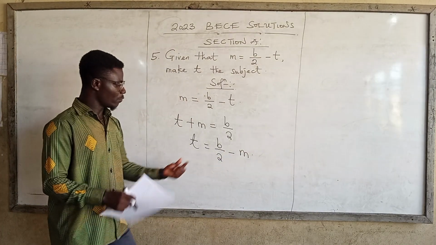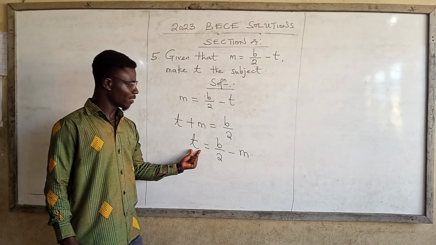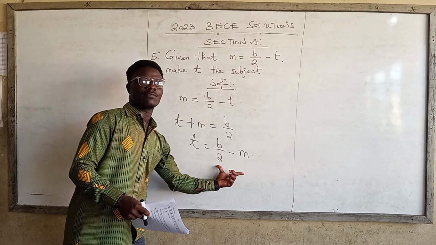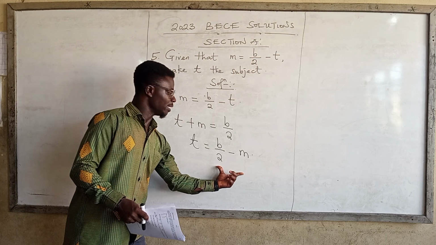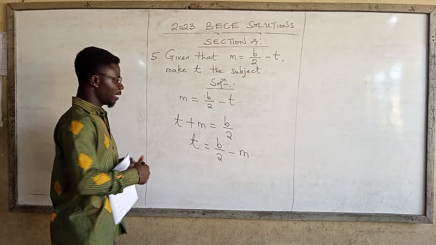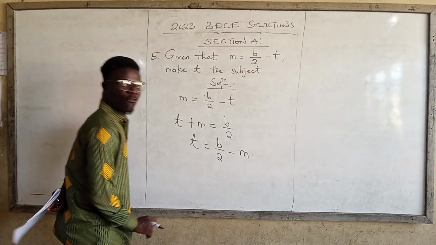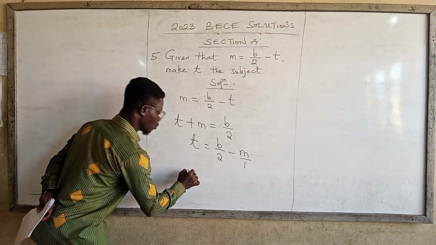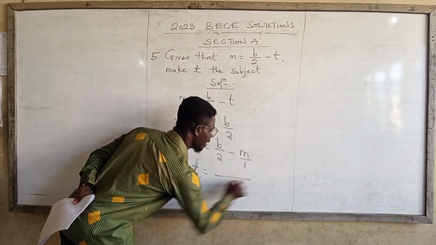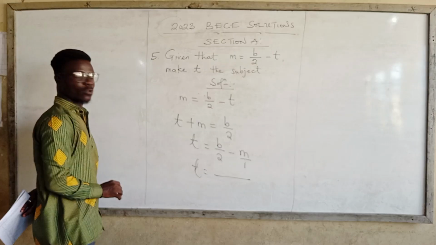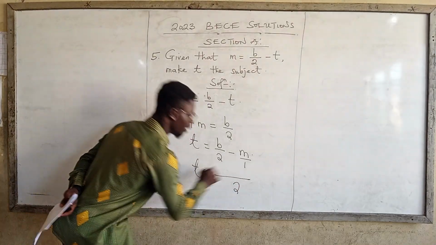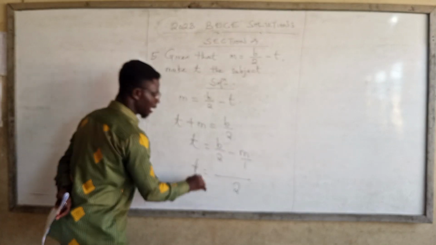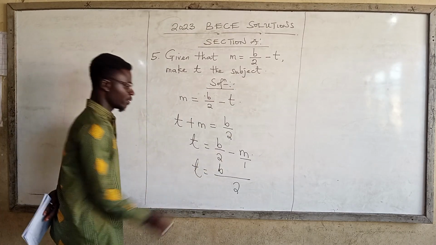Now we've made t the subject. But when you check through the answers given, you don't have this inside. So what can we do? You have to go further. This m is over 1, so we have to find the LCM because it's subtraction of fractions. The LCM is 2. 2 goes into 2, 1 time, 1 times the variable b, we obtain b.